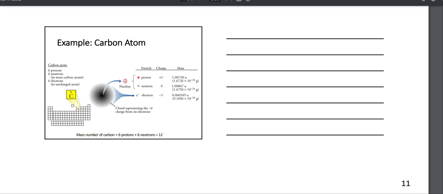So the mass number of carbon is 6 protons plus 6 neutrons, which equals 12. Later on, we will see different mass numbers for carbon. There's carbon 12, there's carbon 13, for example. Because protons are not gained and are not lost, please pay attention to this, because I don't want you to make a mistake in the exam.